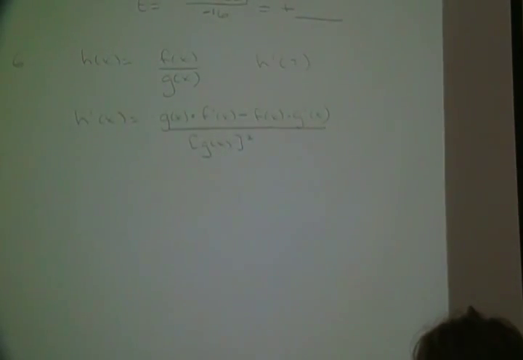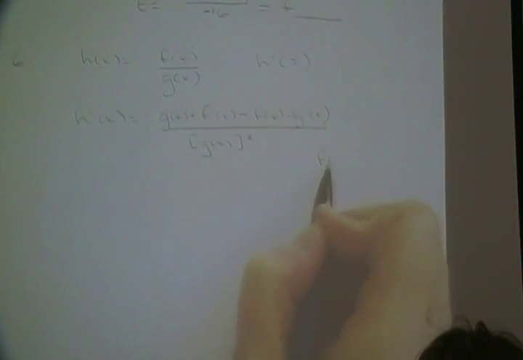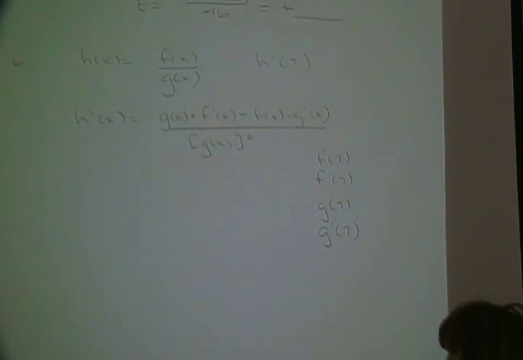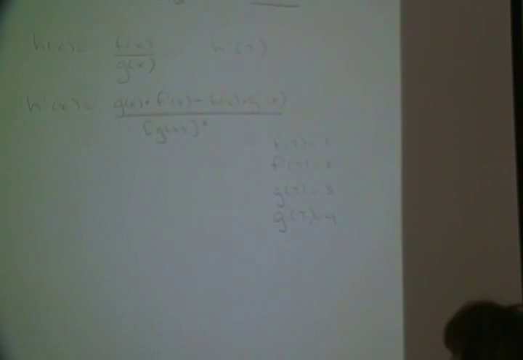Because I'm going to give you all the values you need, but you have to know where to plug them in. So I'll give you f of 7, f prime of 7, g of 7, g prime of 7. That'll be given somewhere on your page. So I'll just say there are 1, 2, 3, and 4. But you need to know where they go.